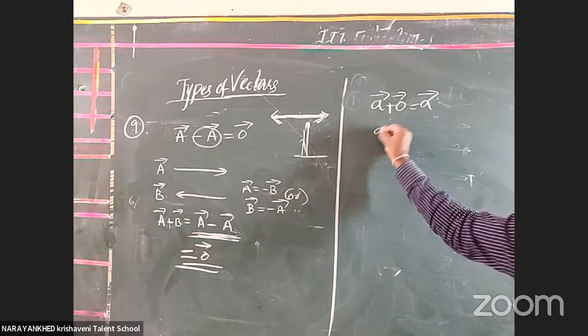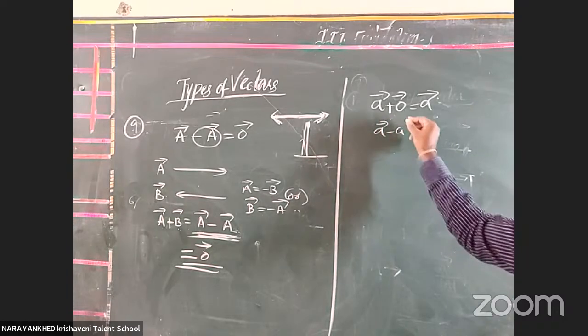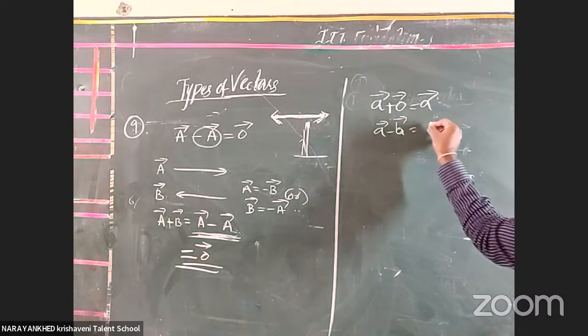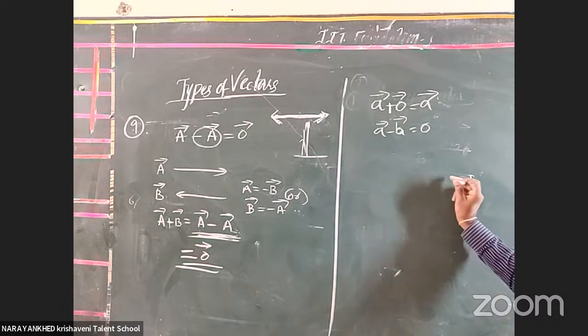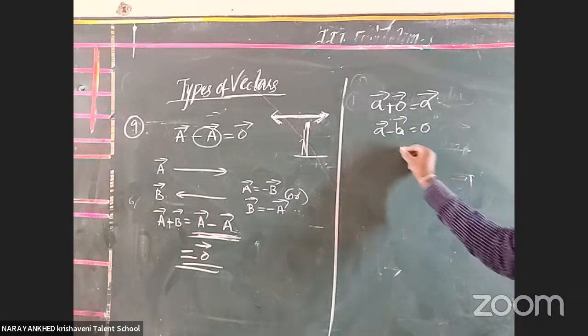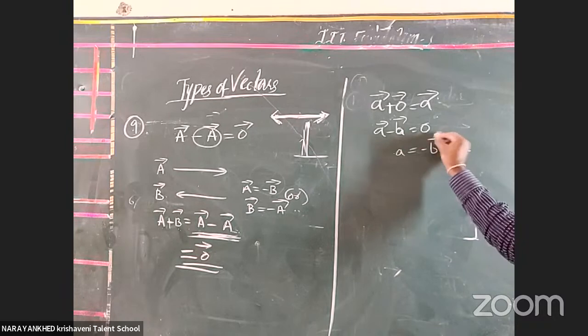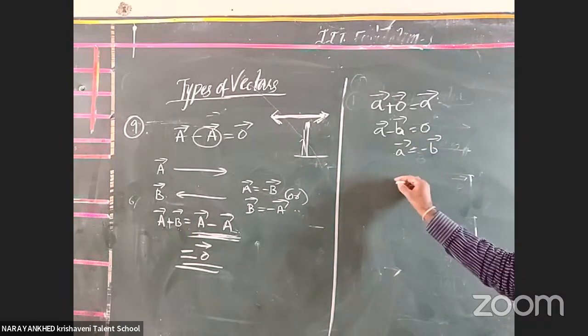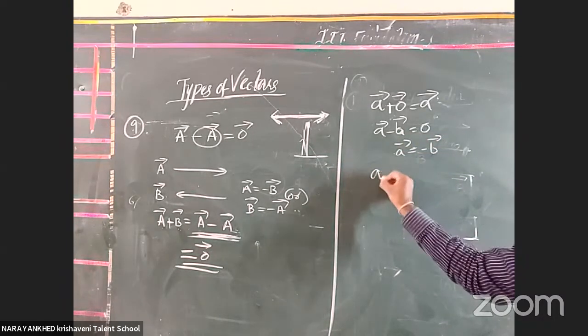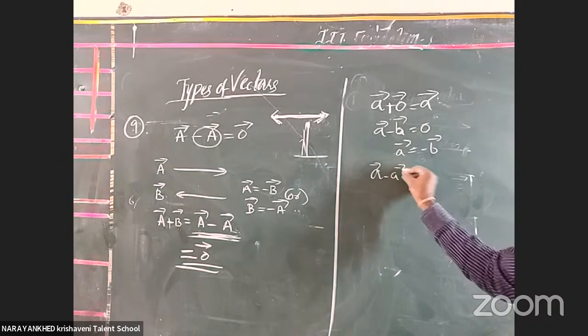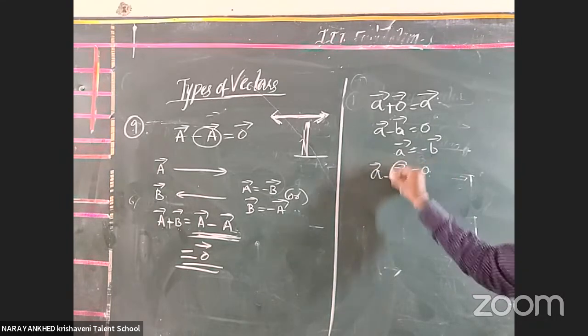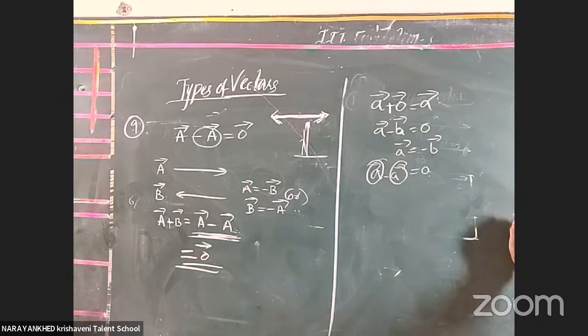And if A bar minus B bar is equal to the null vector, then A bar is equal to B bar. One more property: A bar minus A bar is equal to 0. These are called equal vectors. Got it or not?